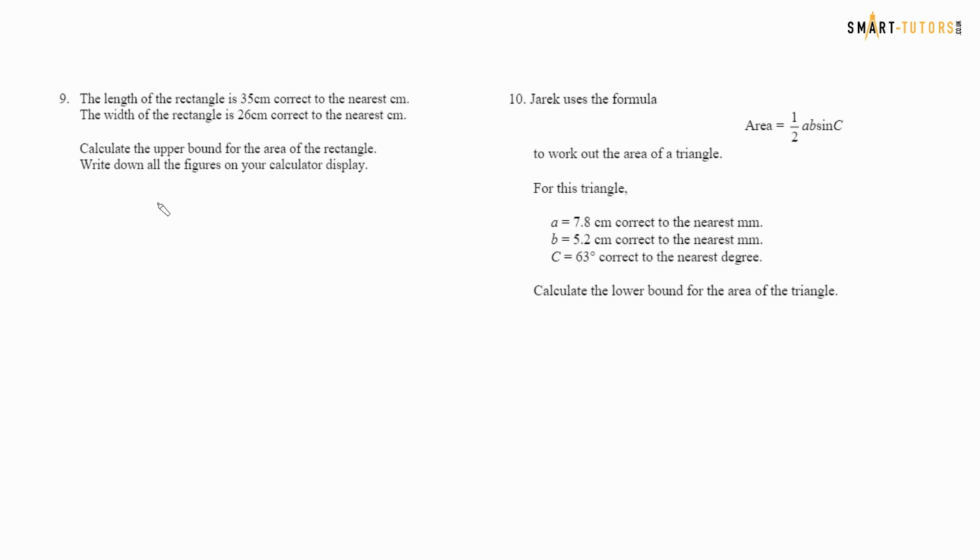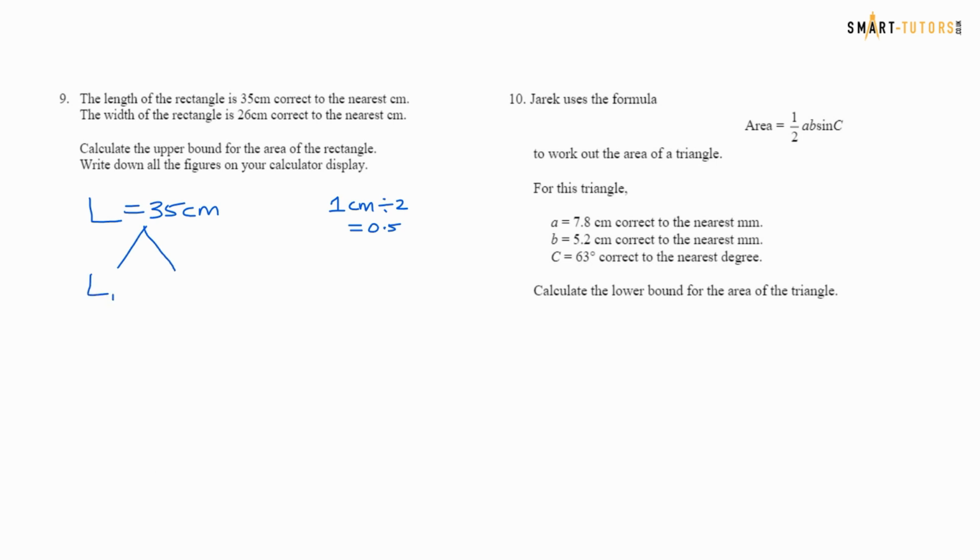First of all, the length of the rectangle, L, is given as 35 centimeters. 35 centimeters nearest to centimeter means nearest to 1 centimeter. So 1 centimeter divided by 2 is 0.5. I need to add and subtract to get the lower bound and upper bound.